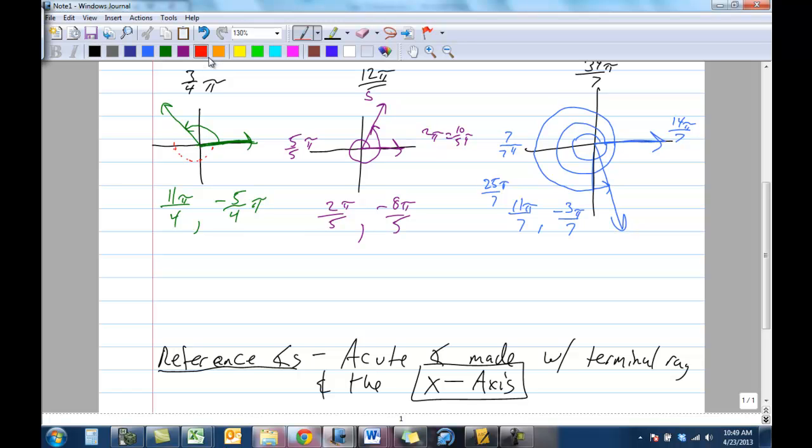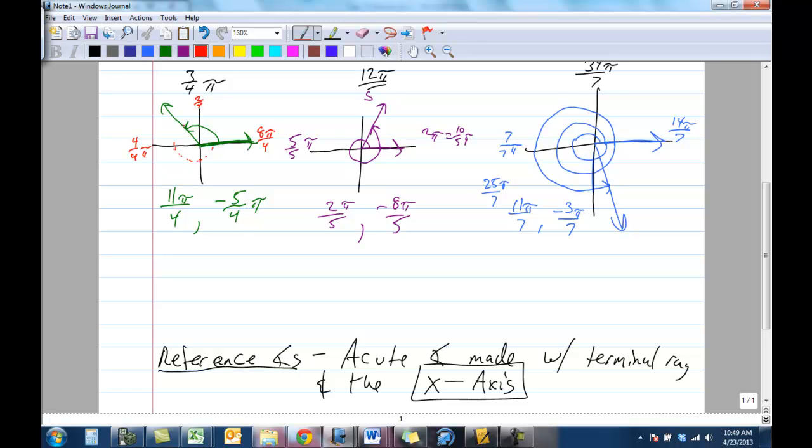So, let's go back to number 1, this first example here. We went 3 pi fourths. Now remember, this was 4 pi fourths halfway. This is 8 pi fourths this way. So when we went 3 pi fourths, we couldn't make it to 4. But 0 to 4, this would be 2 pi fourths here.